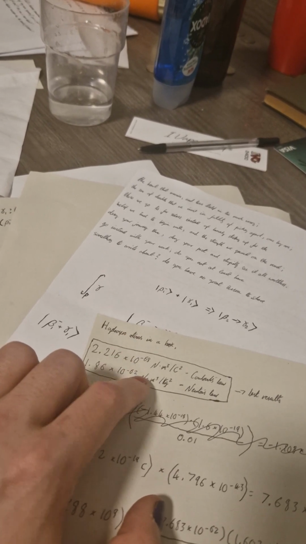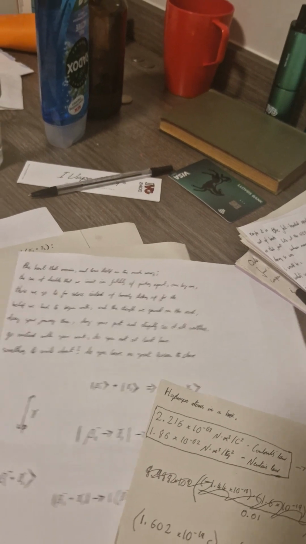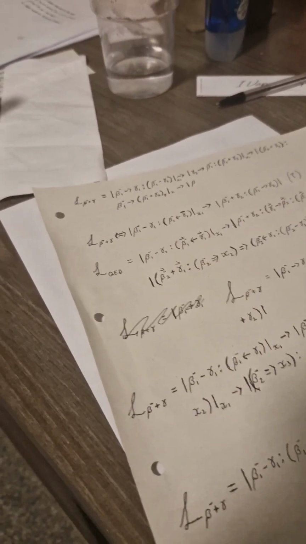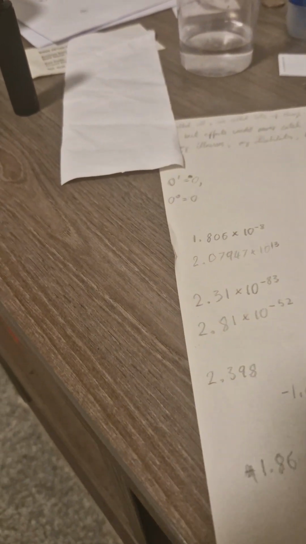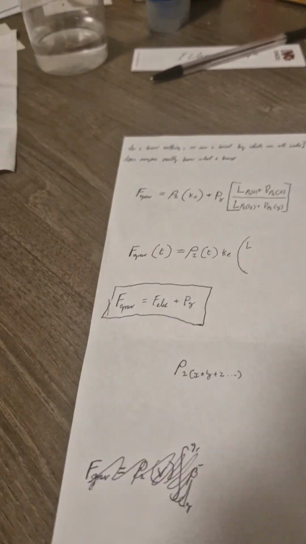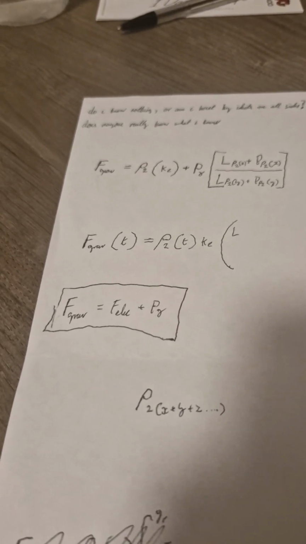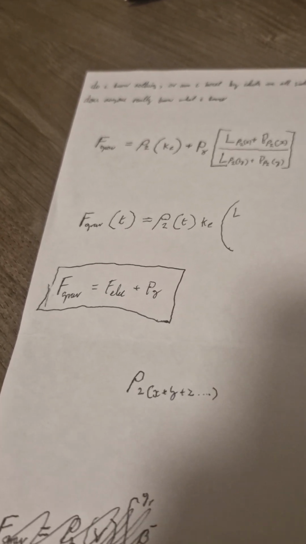There's this very interesting little gap which is filled with radiation pressure, and that's what the term P gamma in my last dinky little formula signifies: F grav equals F elec plus radiation pressure. F elec stands for electrical force or electrostatic force. So force of gravity equals F elec plus P gamma.